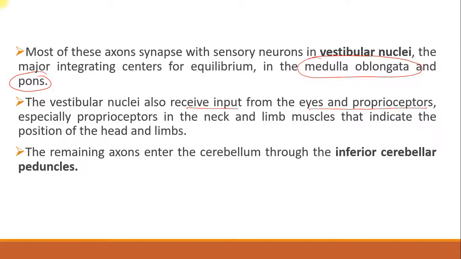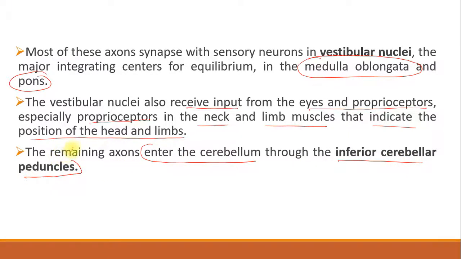Because of these proprioceptors in the skeletal muscle, which detect the position of our hand in space. Especially the proprioceptors in the neck and limb muscles indicate the position of the head and the limbs. The remaining axons enter the cerebellum through the inferior cerebellar peduncles.